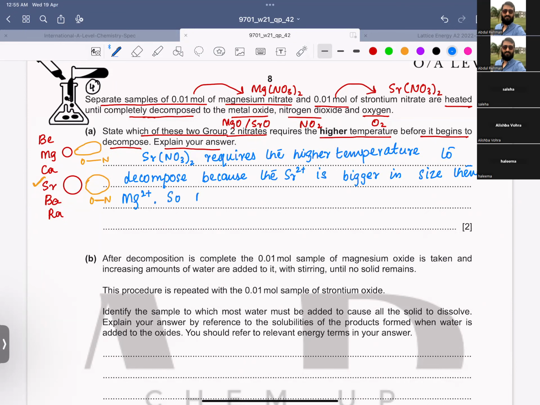So the nitrate ion is less distorted, less distorted.